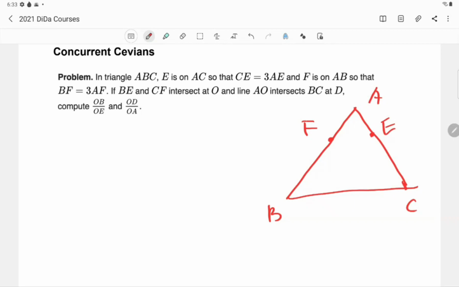And then BE and CF intersect at O. Then you connect AO and extend it to intersect BC at D. Now you're asked to calculate OB over OE and OD over OA.